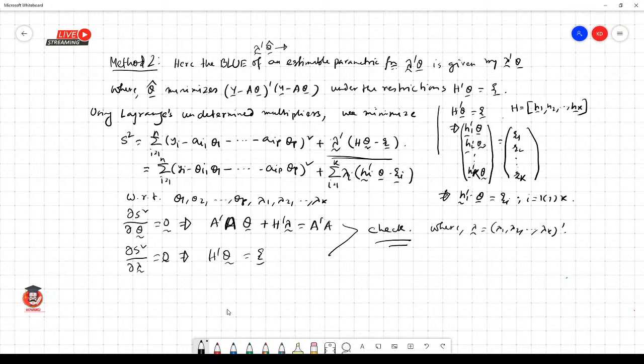So this is the method 2. So either you reduce the number of parameters or you can use Lagrange's multiplier. So in both cases we get the BLUE of λ'θ. Okay.